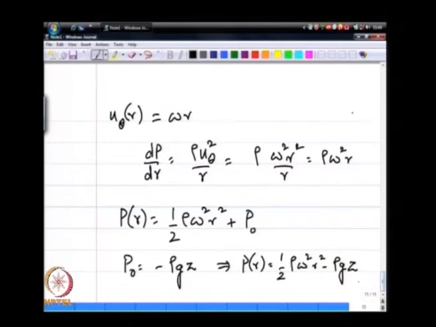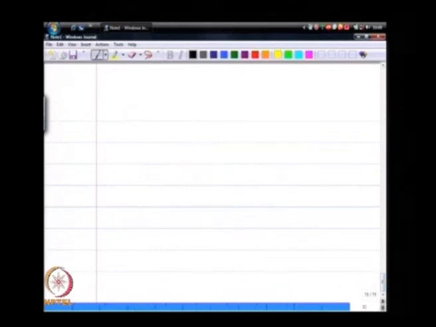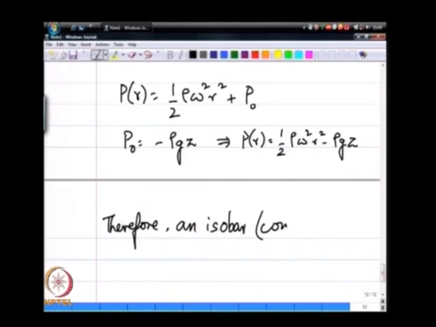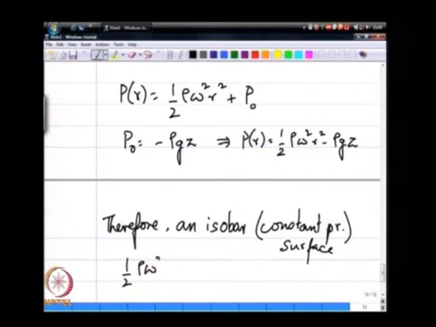Okay. From here I can calculate an equation of an isobaric surface. An isobar, which is a constant pressure surface, is given by half rho omega squared r squared minus rho g z equal to some pressure value, and for atmospheric pressure I am going to set that equal to 0.